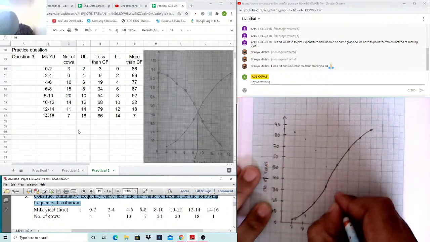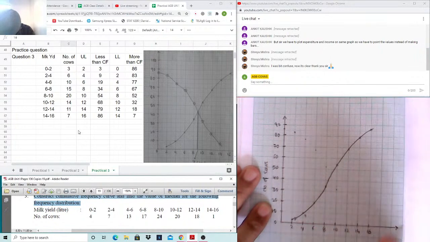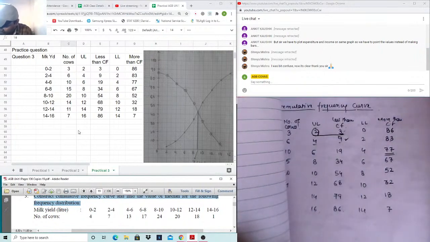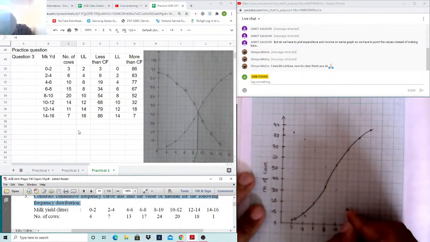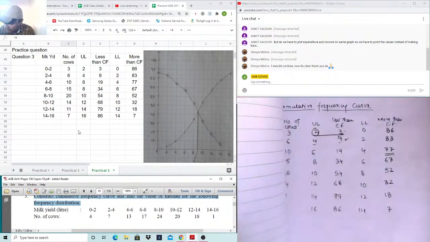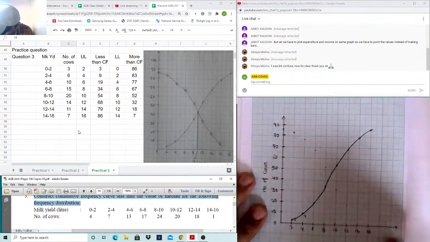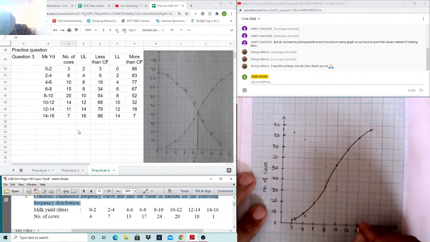Then at 12 it is 18. And then at 14 it is 7.